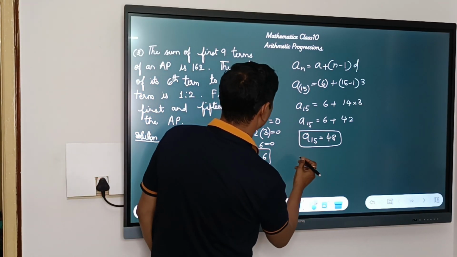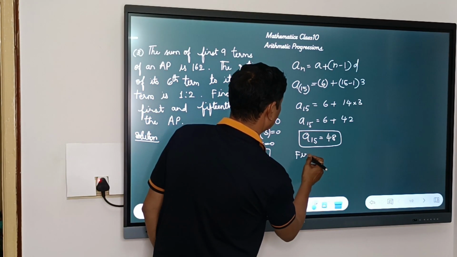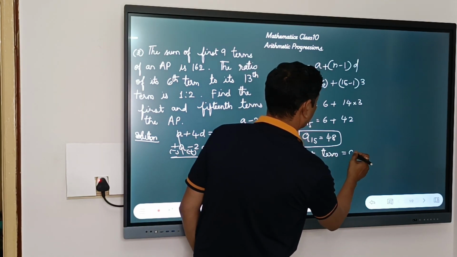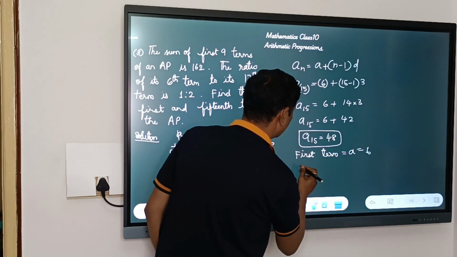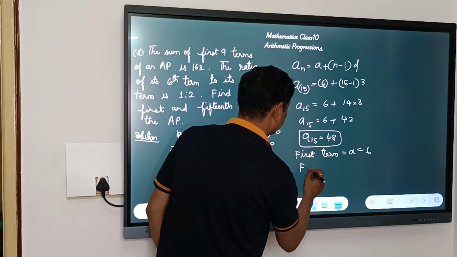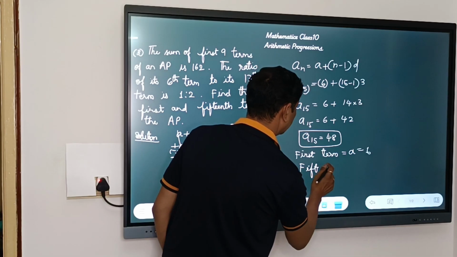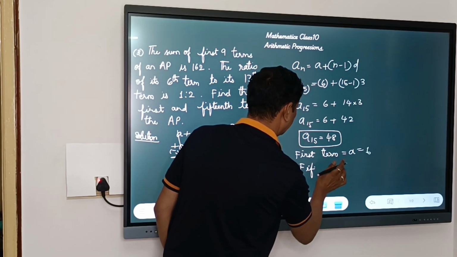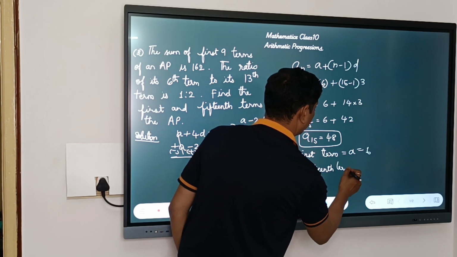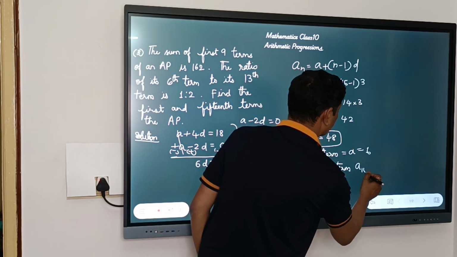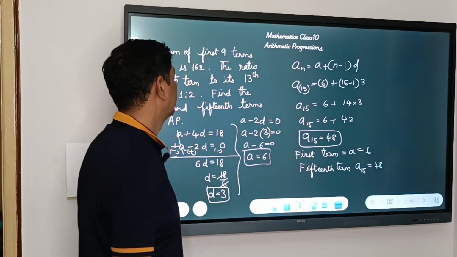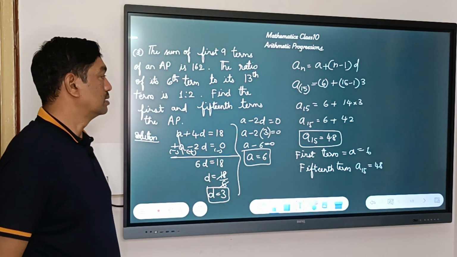The first term, that is a, is equal to 6, and the 15th term, that is a15, is equal to 48. So this is the answer for the given question.